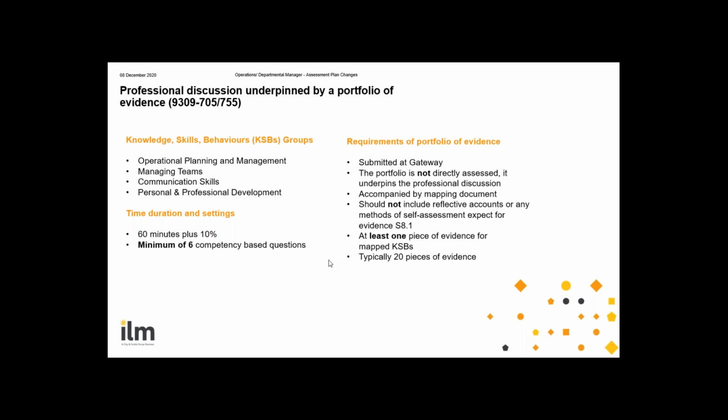So if, for instance, we receive a portfolio of evidence matrix that has some gaps where knowledge, skills and behaviors have not been referenced, or they've been referenced, but the portfolio actually doesn't include the evidence that was listed in the matrix, what will happen is that the portfolio will be returned. The apprentice will need to revise the portfolio of evidence matrix and the portfolio itself and then resubmit it.